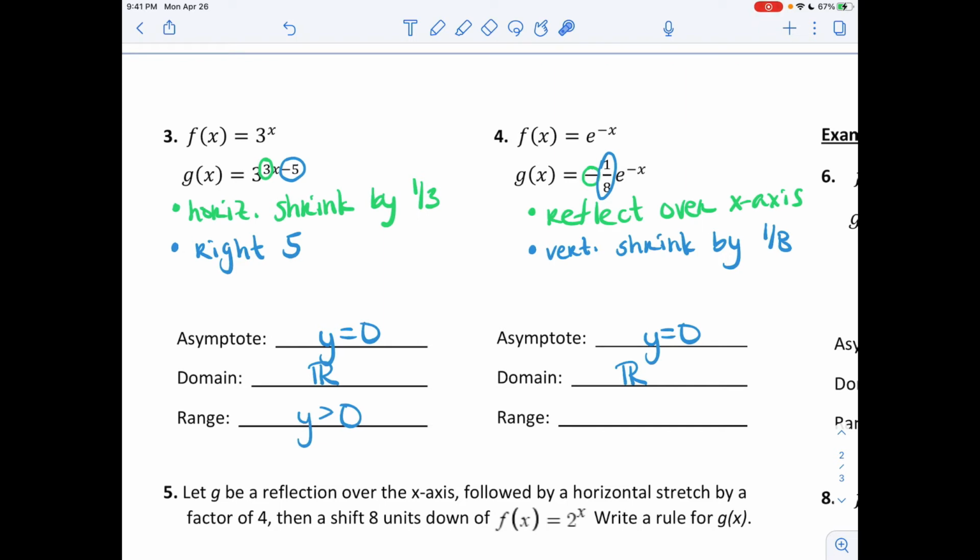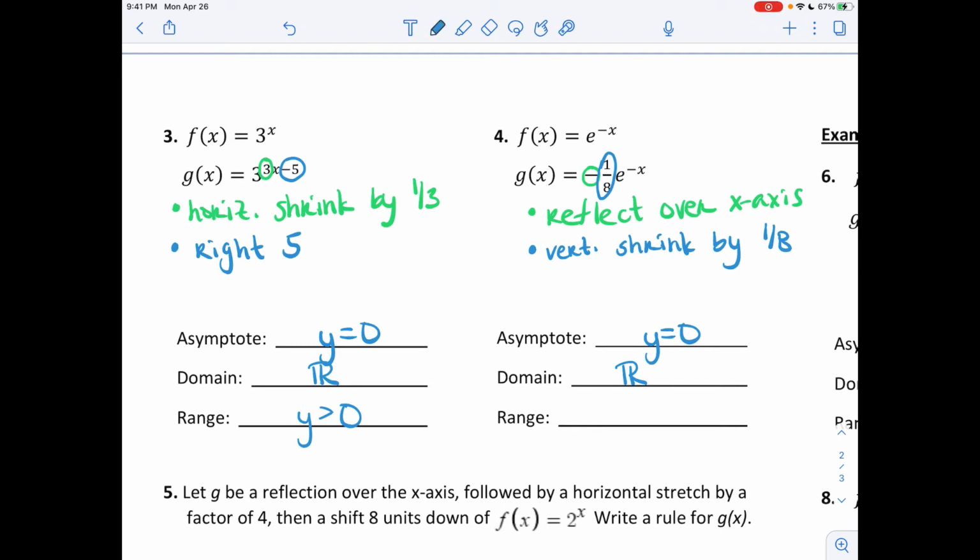So even though our asymptote location hasn't changed, the location of our physical graph has changed because it used to be above the x-axis at the y equals 0 line, and now it is below. Prove that to yourself by plotting it in Desmos or on your graphing calculator if you need to convince yourself that that's the case.